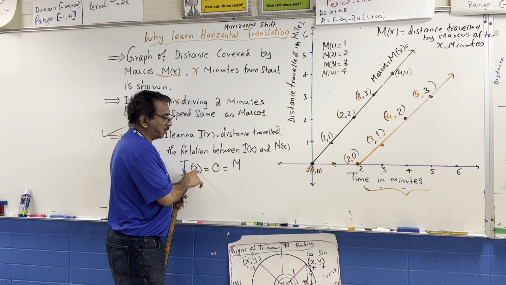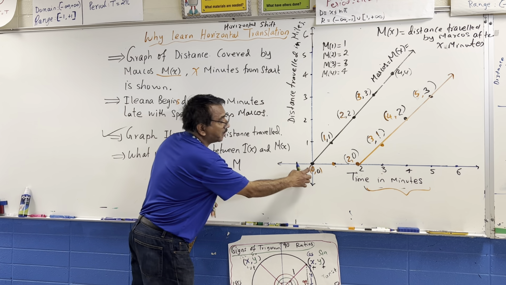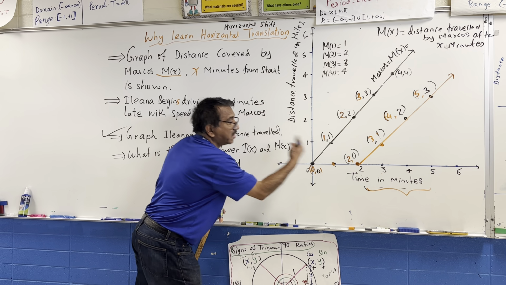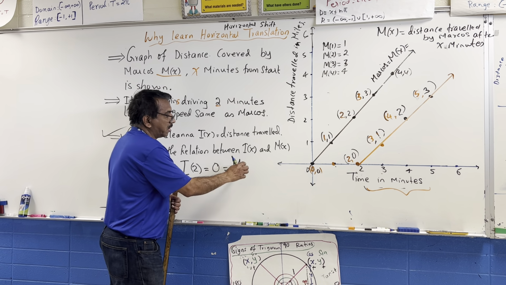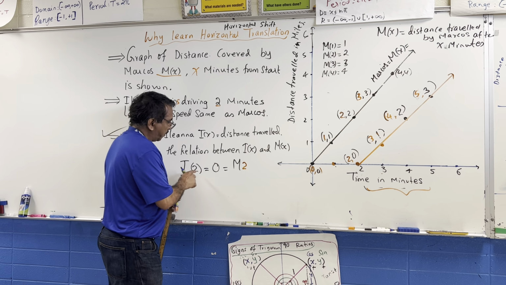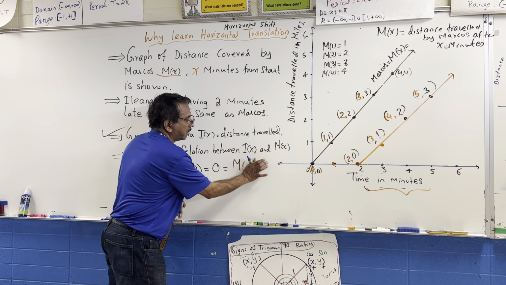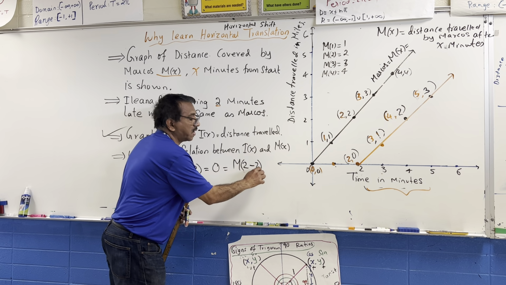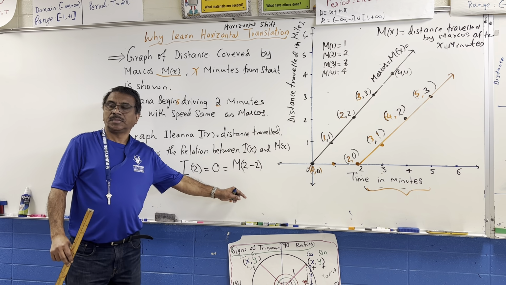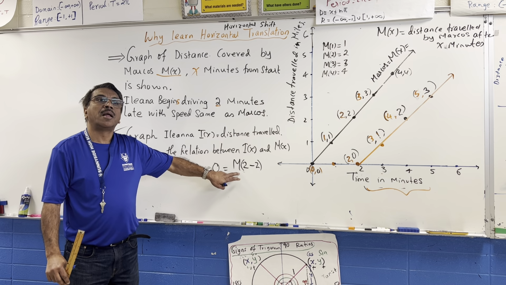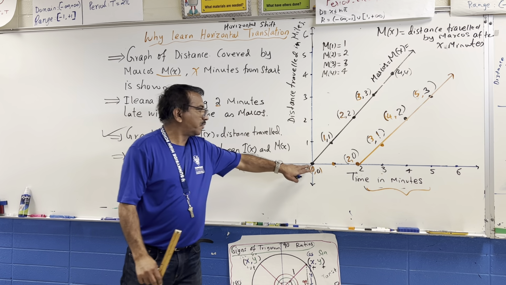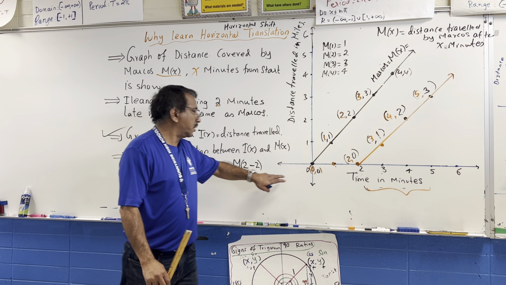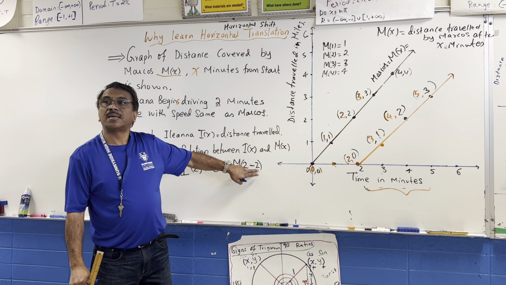Marcus's distance, so I'm going to write down 2. So this was 2, so Marcus was at 0. Look at this. It means 2 minutes earlier, that was like 2. So if this is black 2, let's write it black 2. So 2 minus 2 minutes earlier. Can you see that? So this is the distance, the same distance that Marcus had 2 minutes earlier.